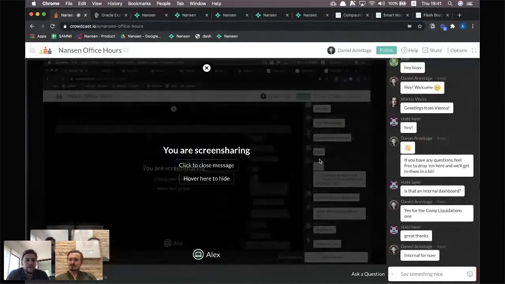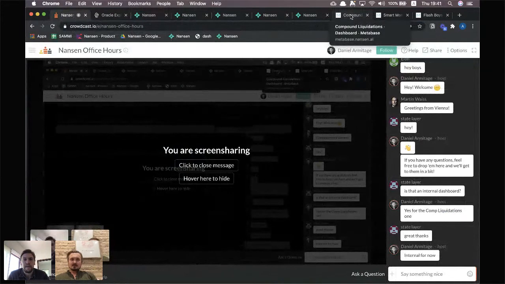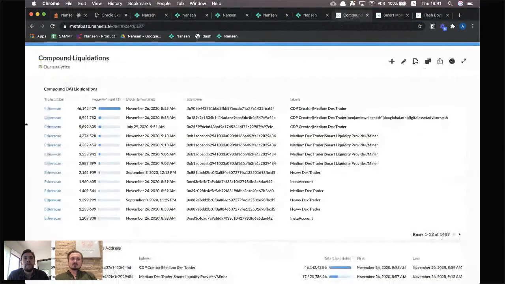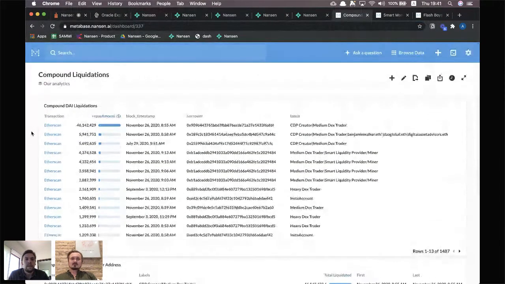Very cool. Yeah, we had a question from our friend State Layer if that COMP liquidations dashboard was an internal one, and the answer is yes. But this is kind of an example of how the dashboards that we have are really the tip of the iceberg, and we're constantly looking to make new dashboards based on things like COMP liquidations or on any protocol.